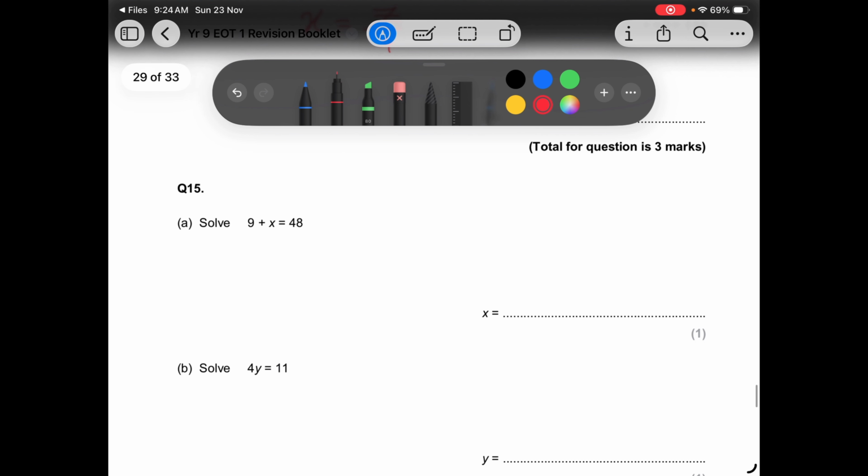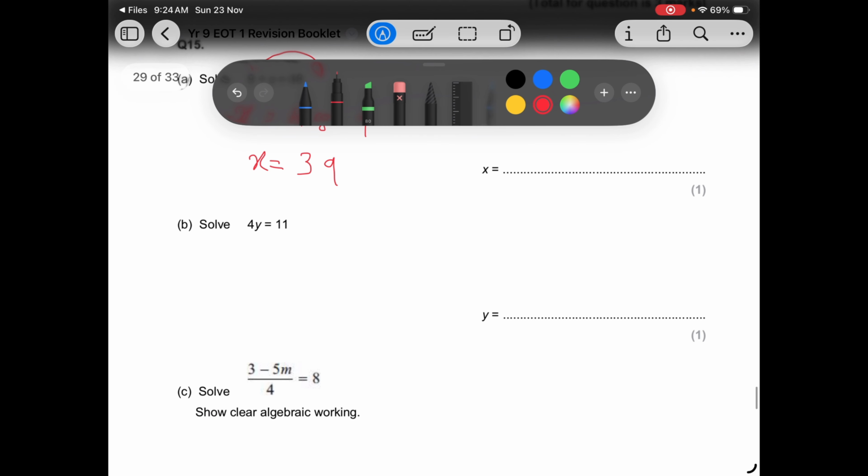Solve this. This is super easy. What you can do, you can just move this here. Then x will be 48 minus 9. Then x will be 39. Okay.